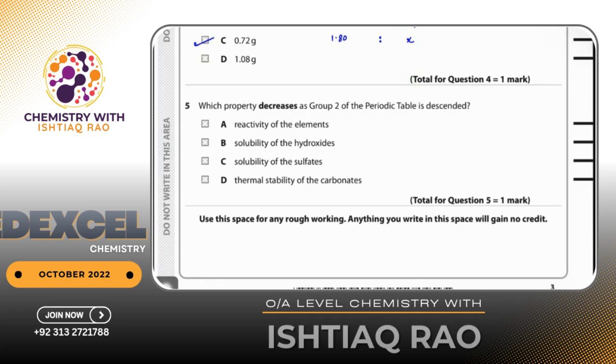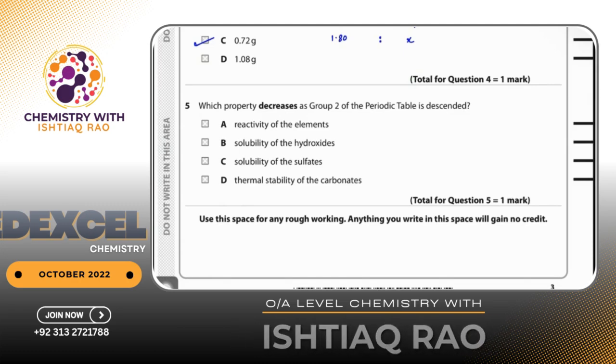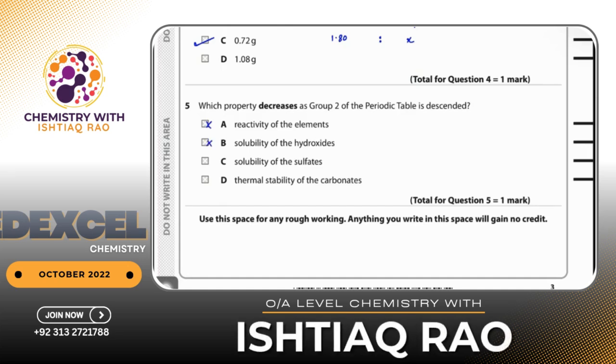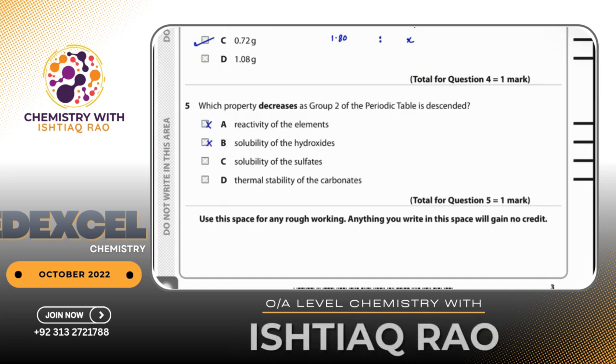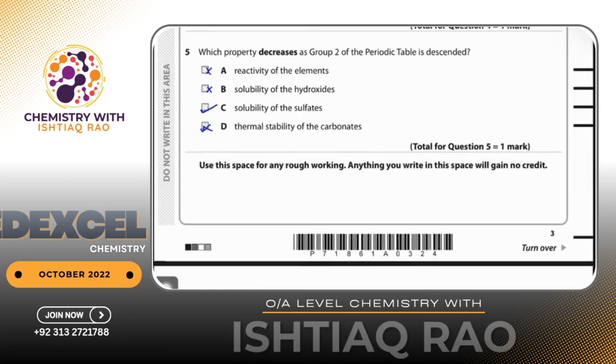Which property decreases as group 2 of the periodic table is descended? Reactivity increases, no. Solubility of the hydroxide decreases? No, it increases. Solubility of the sulfate decreases? Yes. And thermal stability increases, not decreases, so it's wrong. Okay, simple question.